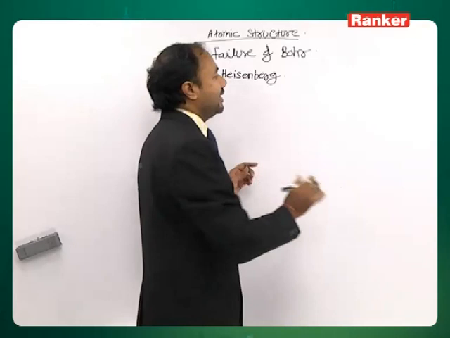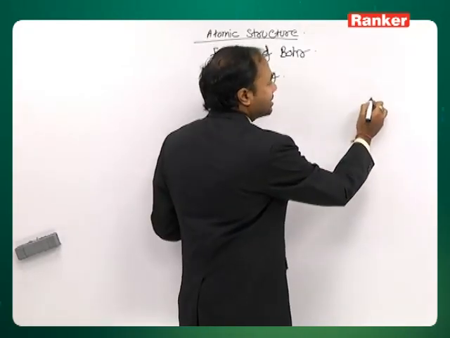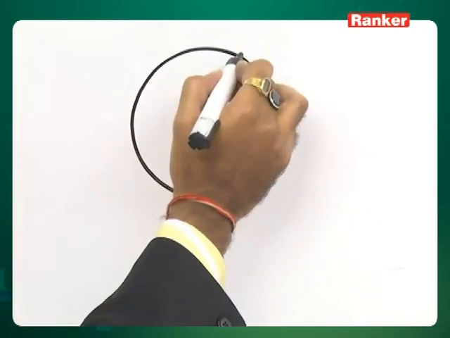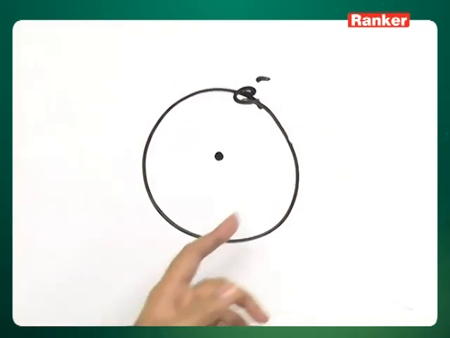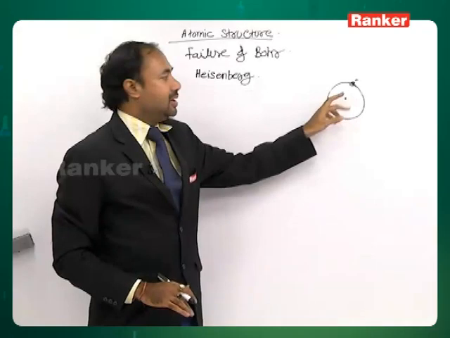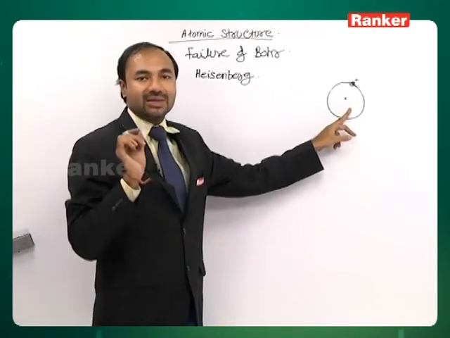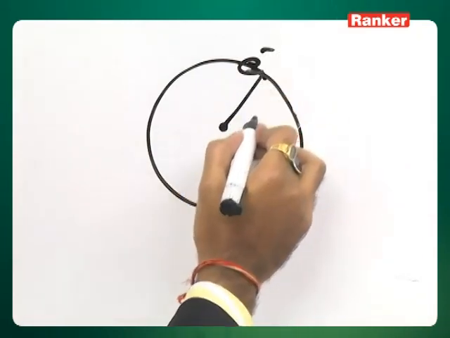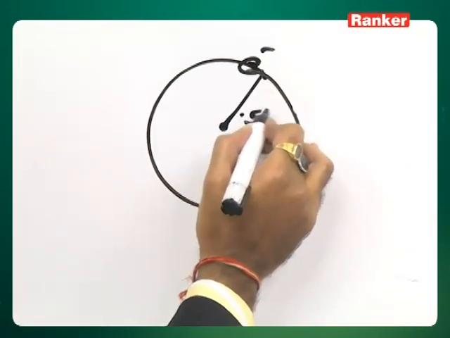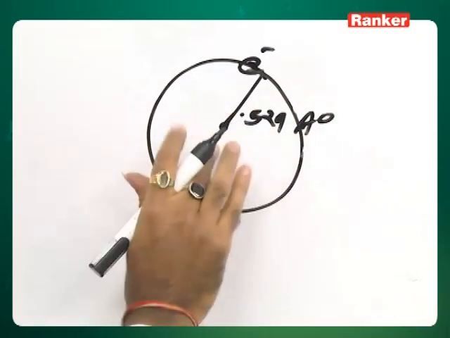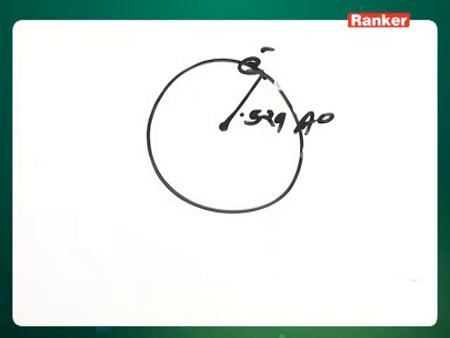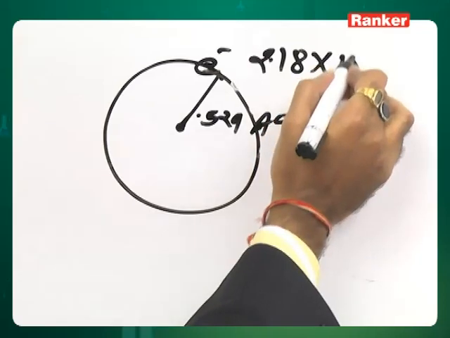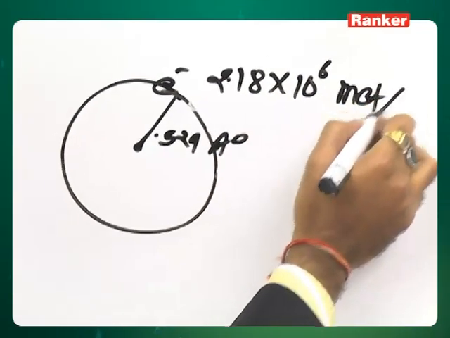Bohr says that if electron is present in the first shell of hydrogen atom, this is the nucleus here we assume, Bohr could tell both the things. If electron is in the first shell of hydrogen atom, then it will be exactly at 0.529 angstrom distance from the nucleus, and would be moving with a velocity of 2.18 into 10 to power 6 meter per second.